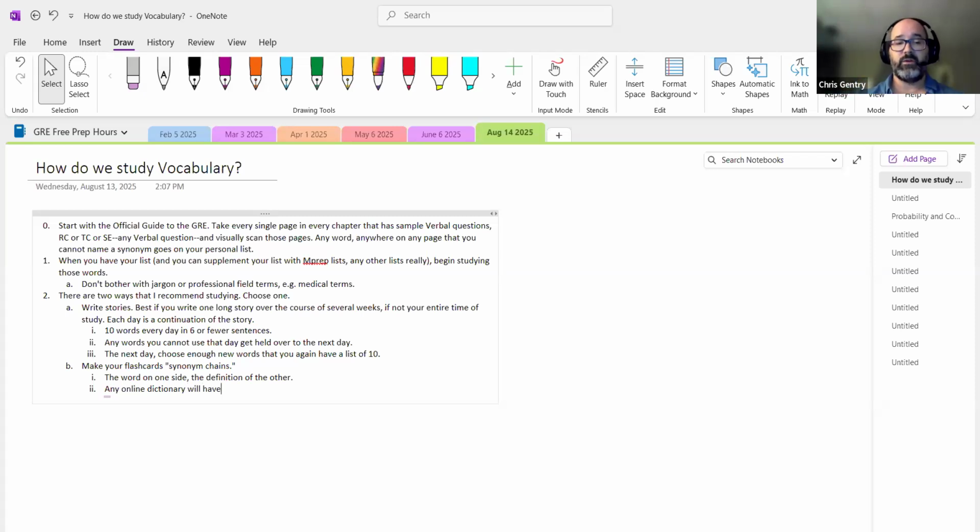Any online dictionary will have a list of synonyms for that word that you can click on and look up those words. Click on one. Make sure the definition of this word doesn't stray far from the original.